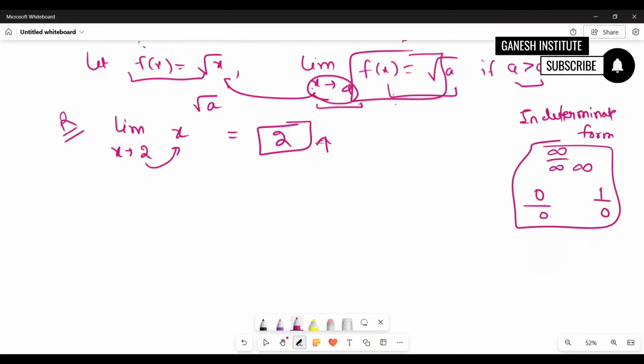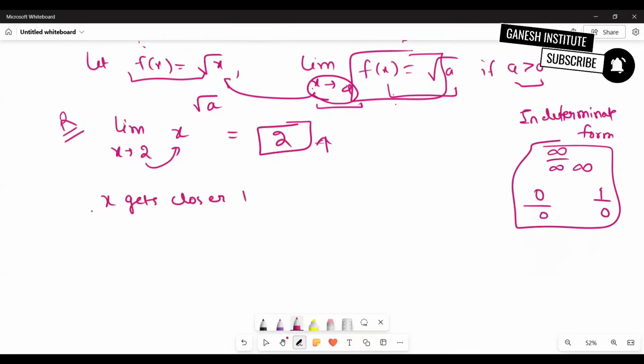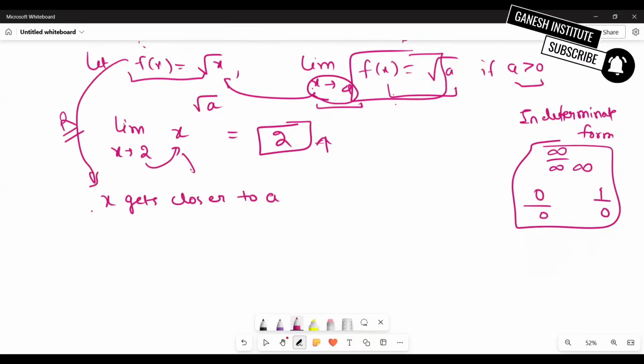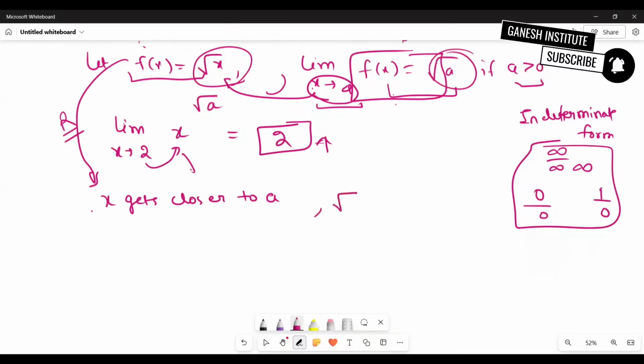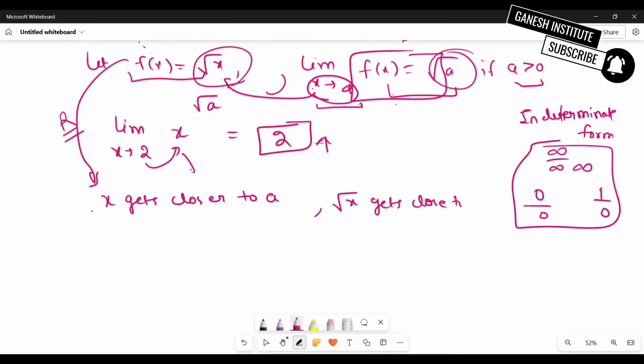This I have to prove using what? The definition or simple proof. So what you can do, you will simply start by writing the definition that if x gets closer to a, I mean just translate this, then that means root x gets closer to root a.